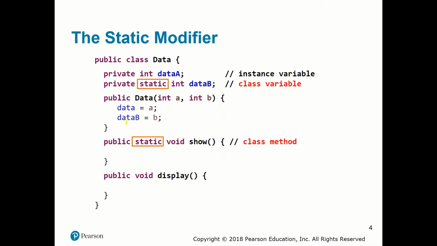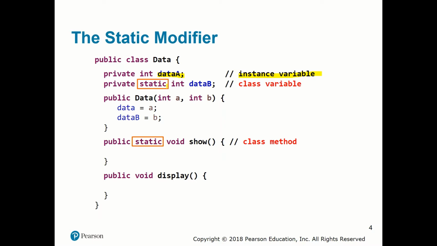At first, I want to show you how we define static. Here, dataA is not static. This is called non-static, so dataA is an instance variable. It means that every instance will have dataA.